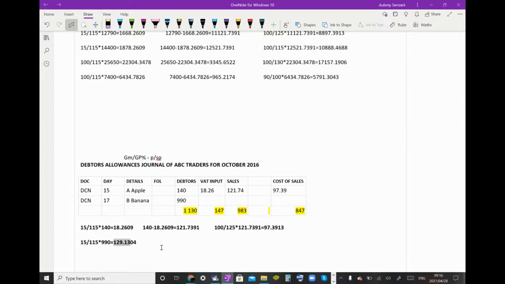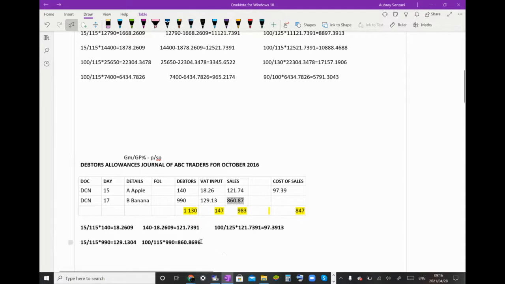So that's the VAT amount. And then quickly, what is the VAT exclusive? We can just say 100 divided by 115 times 990, which gives us 860. So we know we plug in that VAT exclusive amount into sales.